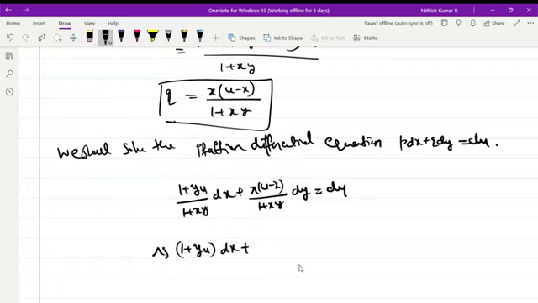So we have the expressions for p and q. Now we shall solve the Pfaffian differential equation.